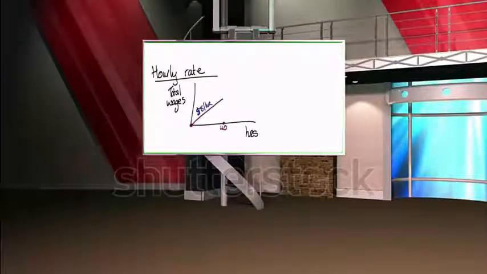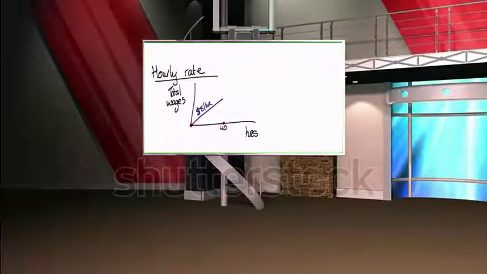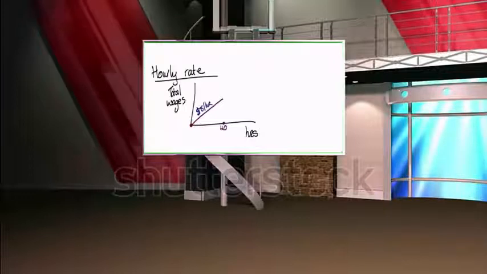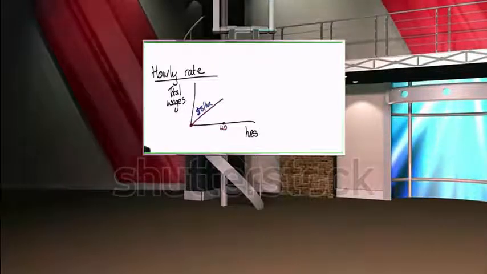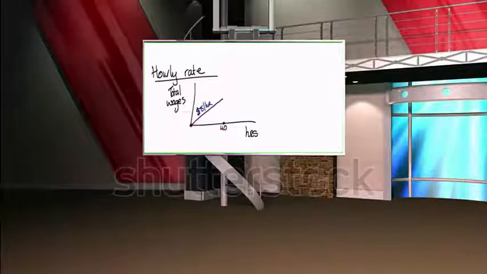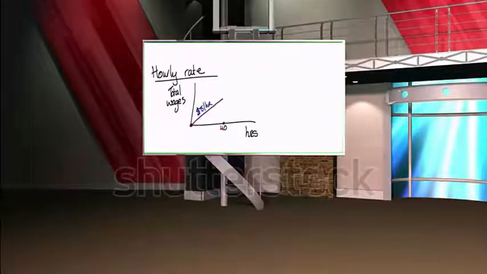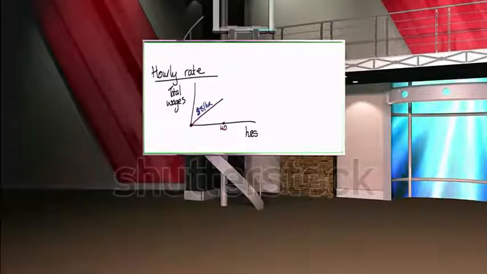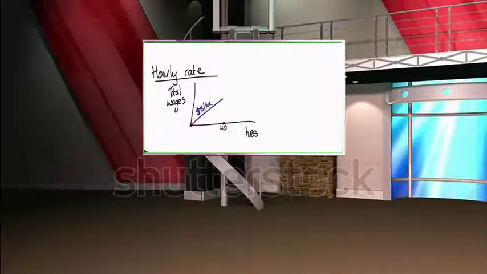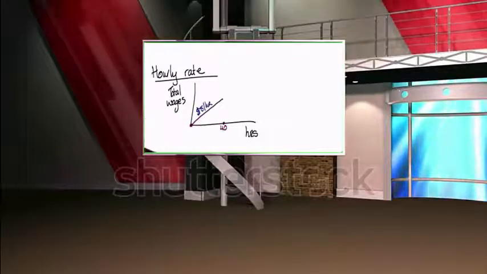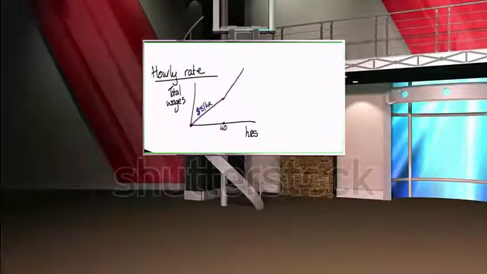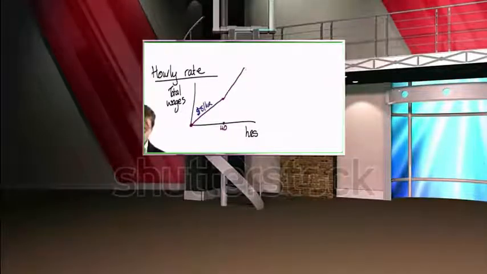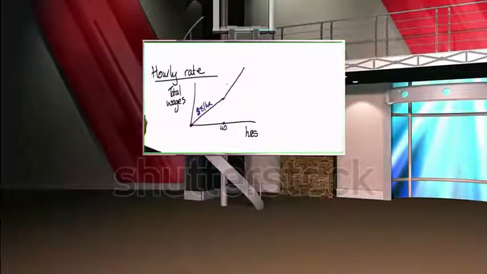What happens when they go above 40 hours per week? Well, once they go above 40 hours, their total rate increases. So now they're being paid the basic rate of 8 plus that overtime premium. So once they go above the 40 hours, their total wages will continue to increase, but they will increase now at a faster rate.